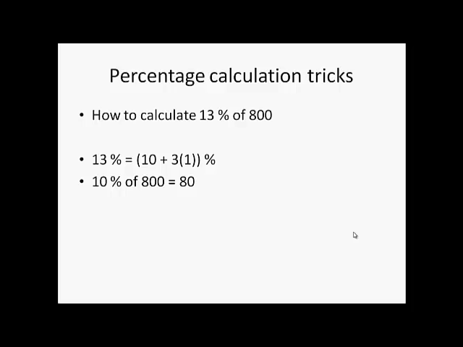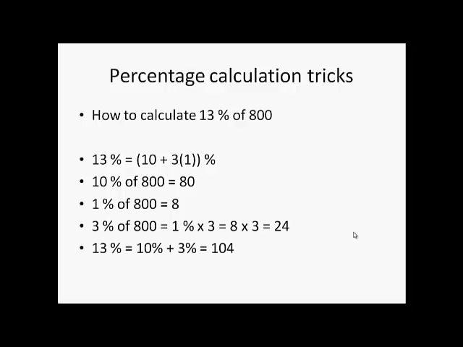So 10% of 800 is 80. 1% of 800 is 8. So 3% of 800 is 3 times 1%, which is 8 multiplied by 3, which is 24. So 13% is 10% plus 3%, which is 104.